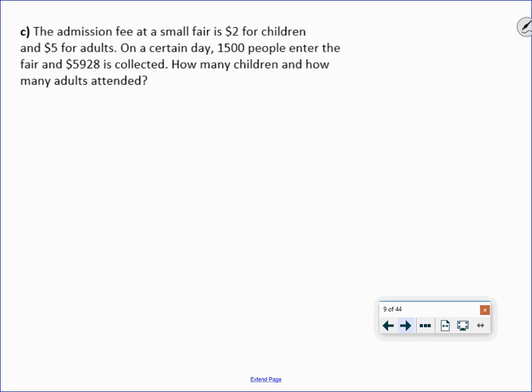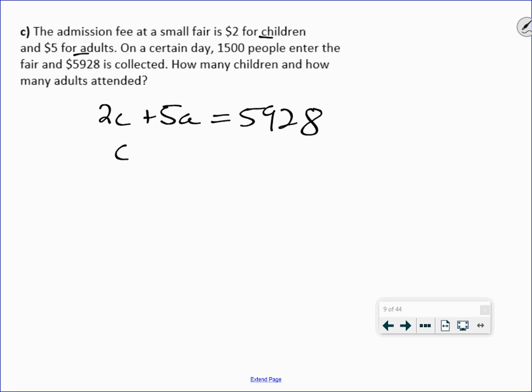This one does. So 2c plus 5a for child and adult was 5928. And the total number of tickets sold is 1,500. I think I'm going to solve this using elimination. So what I'm going to do is multiply the second equation by 2.